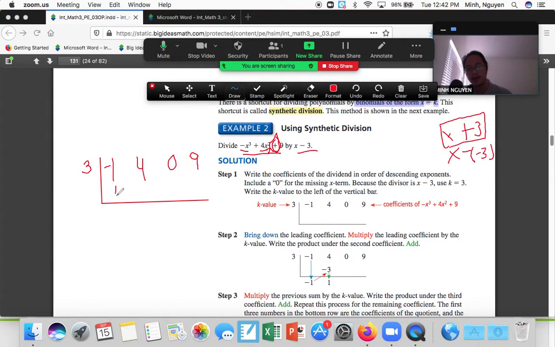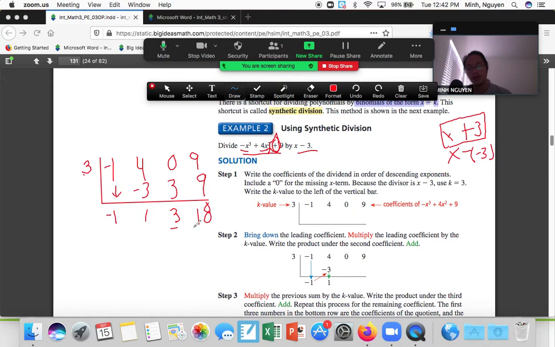So again, first step, bring this down, multiply. 3 times negative 1 is negative 3. Then add: 4 plus negative 3 is 1. Multiply, 3 times 1 is 3. Add: 0 plus 3 is 3. Multiply, 3 times 3 is 9. And then add.